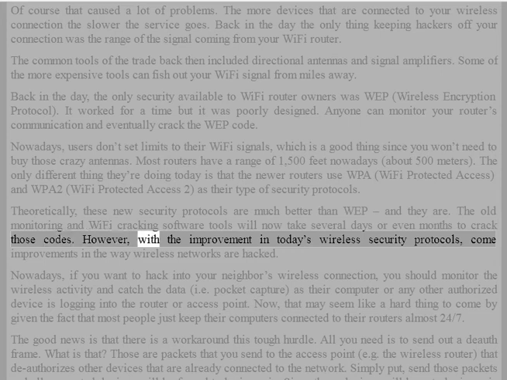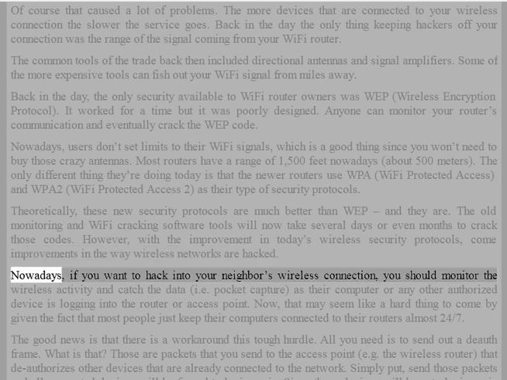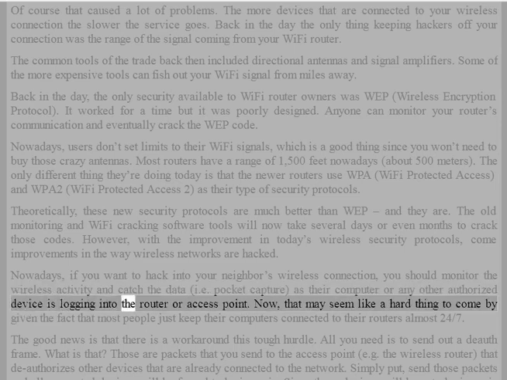However, with the improvement in today's wireless security protocols come improvements in the way wireless networks are hacked. Nowadays, if you want to hack into your neighbor's wireless connection, you should monitor the wireless activity and catch the data, i.e. packet capture, as their computer or any other authorized device is logging into the router or access point.